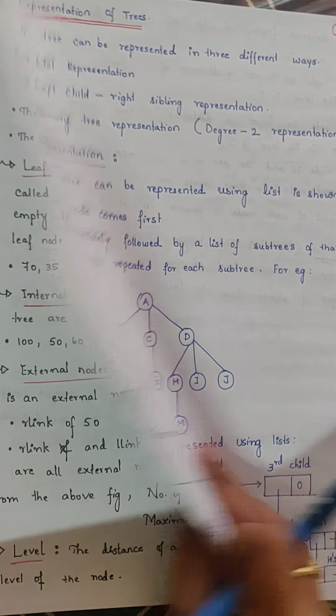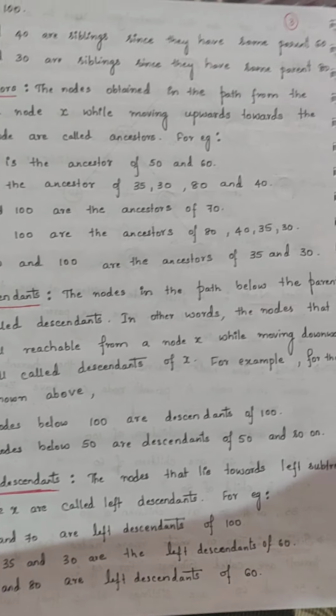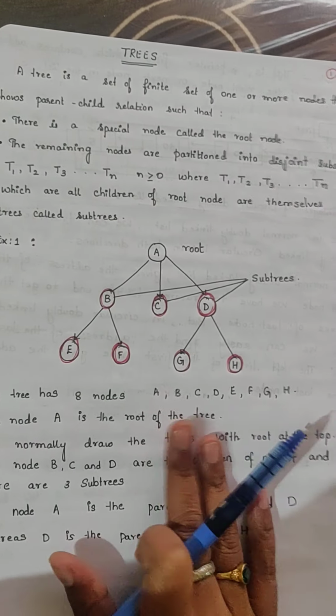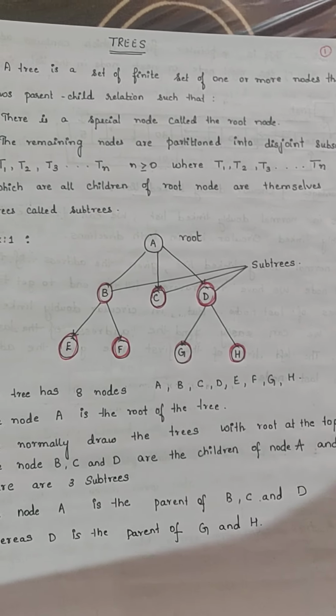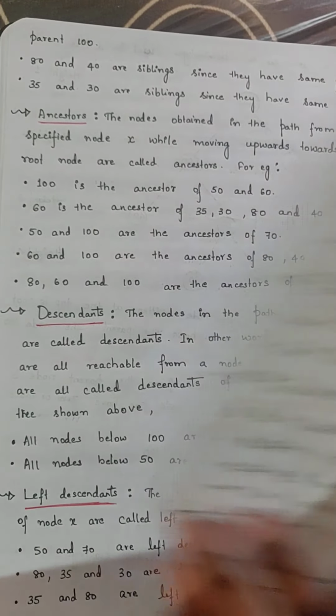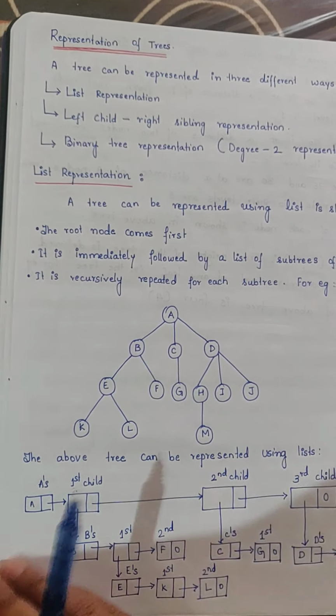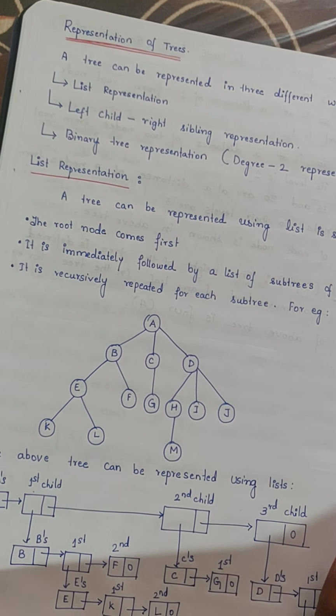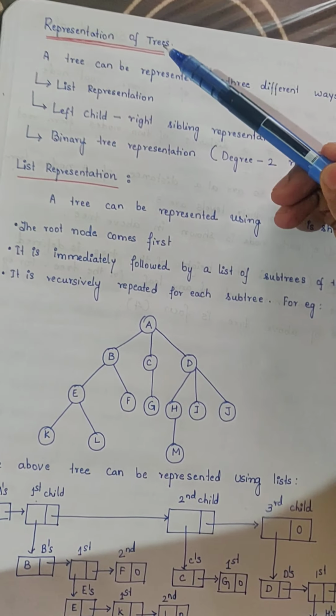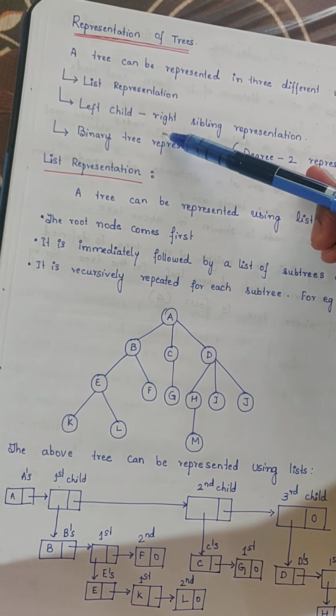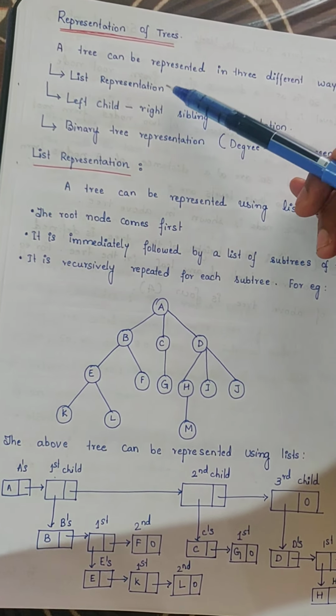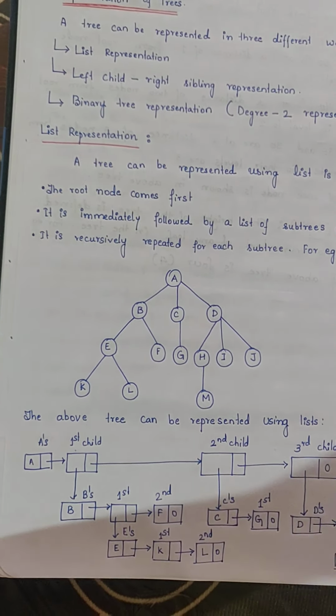The tree representations, whatever we have, this is the basic tree part. These are the definitions you have: what is left subtree, what is internal node, what is level, what is height, all these things. And then the representation of trees, 3 types of representation which I have explained in my previous videos, that is list representation, left child right sibling, and then the binary tree representation.